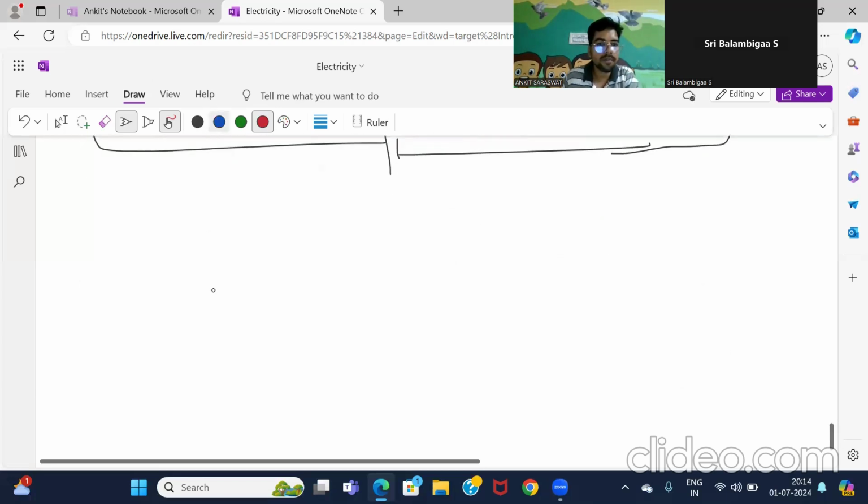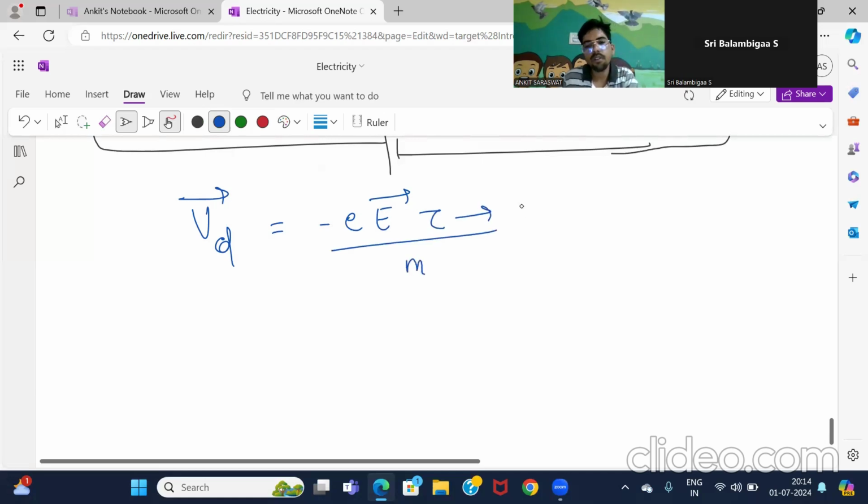Now, for example, what is the expression of drift velocity? Vd is equal to, for an electron, minus eEτ by m. What is tau? It is the average time, the relaxation time.